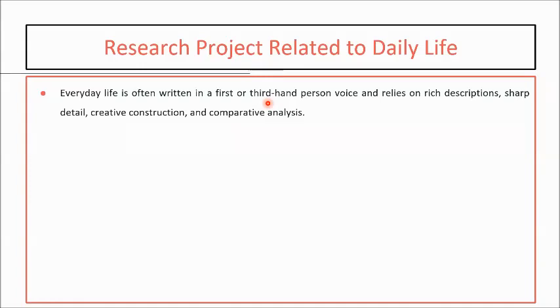But note ko lang that when you are writing a research, use a third-person point of view. Meaning, instead of ako, ang gagamitin natin sa research is the researcher or the researchers. Okay, so we will use a third-person point of view. That is just a note.